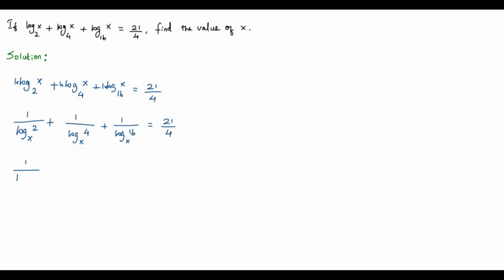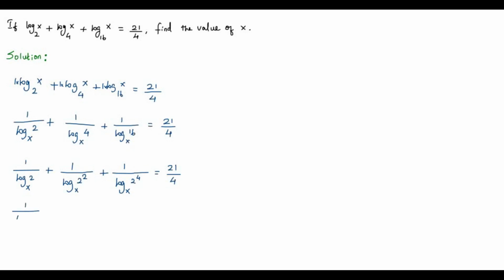1 divided by log 2 to the base x, the second fraction, this 4 can be written as 2 square, so log 2 square to the base x, plus 1 divided by log 2 to the power 4 to the base x is equal to 21 divided by 4.